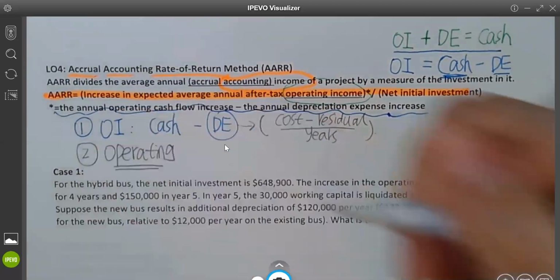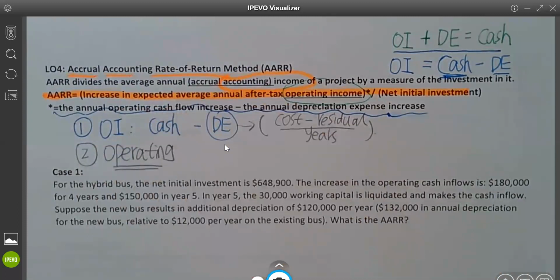Second, we focus on operating income. This is a big difference between AARR and the first three. The first three focus on cash, no matter cash from operation or cash from other sources. Remember we learned in NPV that there is something called working capital.